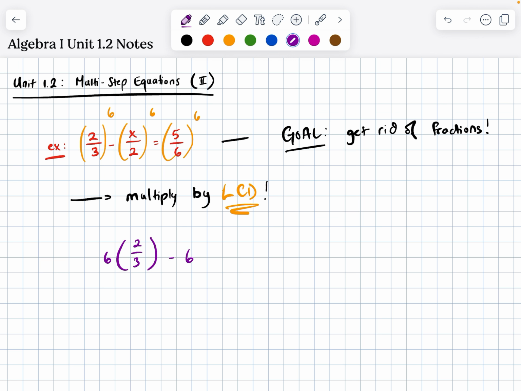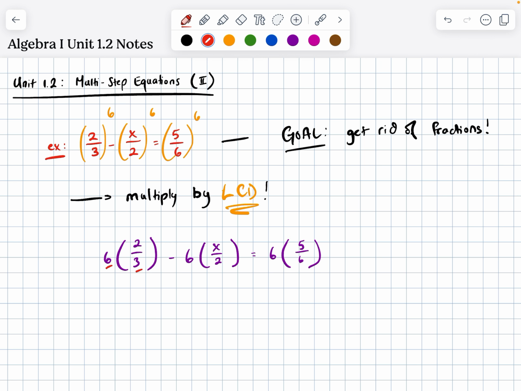So I have 6 times 2/3 minus 6 times x over 2, and that's equal to 6 times 5/6. And again here, if I really wanted to, I could write all of these 6's over 1. However, I can also just think of this over 3, for example, as dividing by 3.